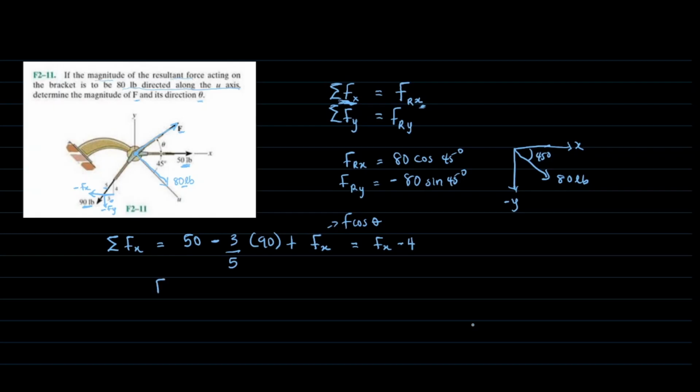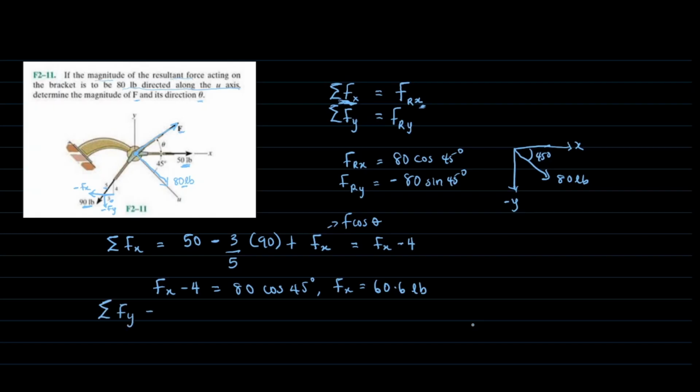So simply going to be Fx minus 4 is equal to 80 cos 45 degrees. We simplify this, we're going to get that Fx is equal to 60.6 pounds.